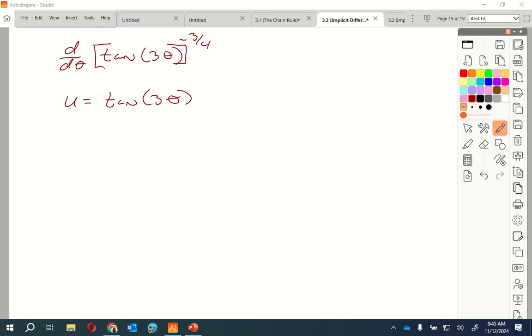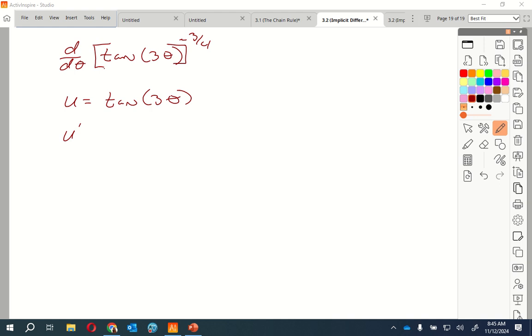U prime: now, we have a chain rule here also, right? Because I have more than just theta in here. So what is the derivative of the inside? What's the derivative of 3 theta? Just 3, right?